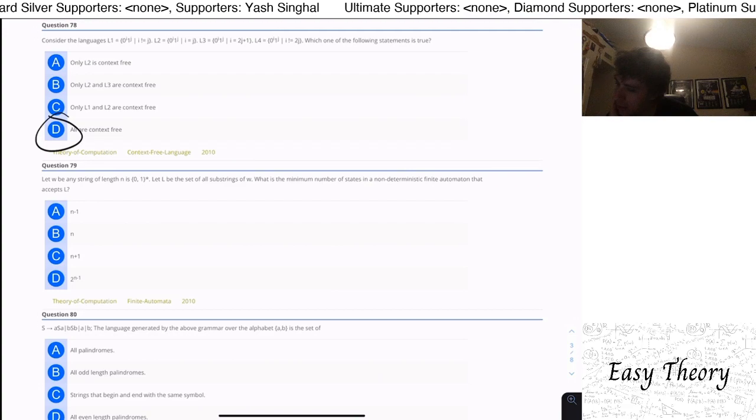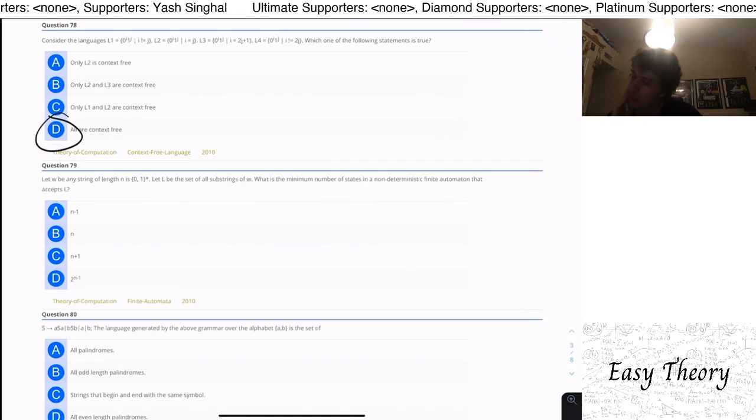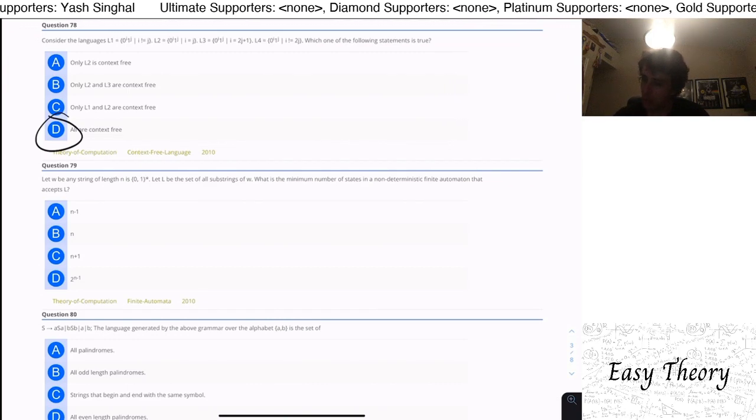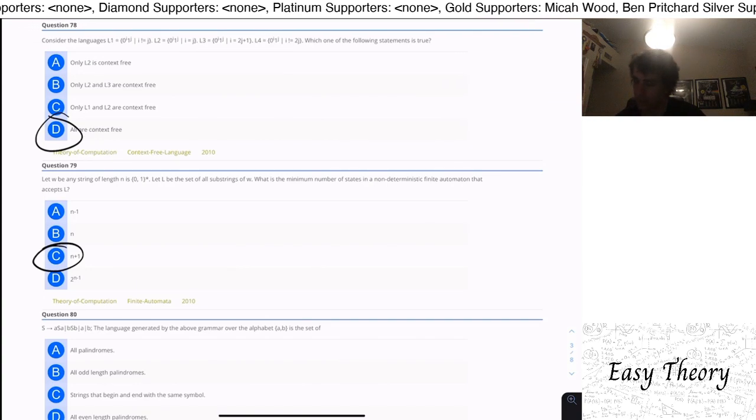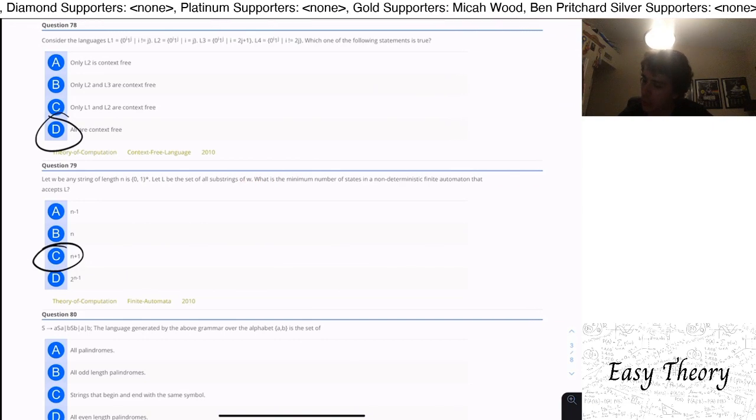Any string of length n. Oh yeah, we actually did this one. So the minimum number of states to actually even get W in the first place is n plus 1, and you can always get n plus 1 because it always just depends on like starting the string at a particular spot.